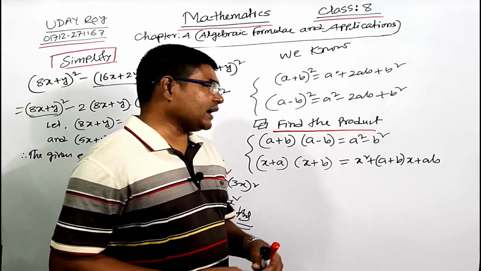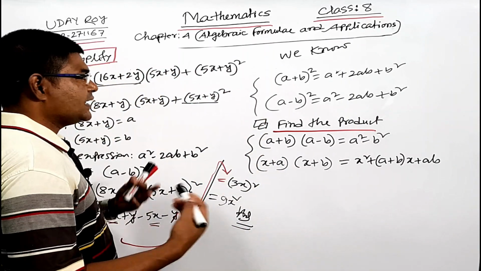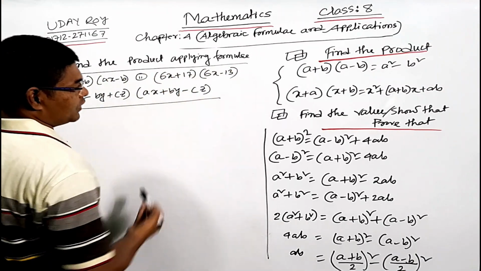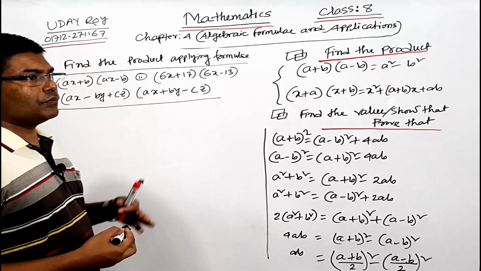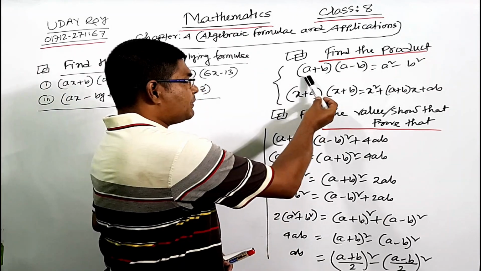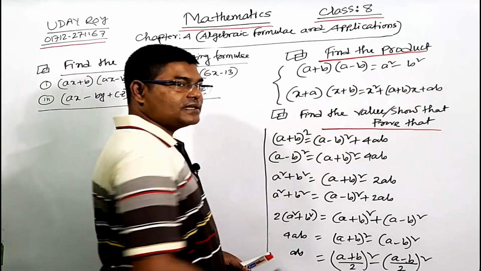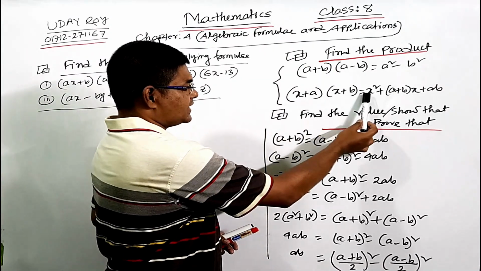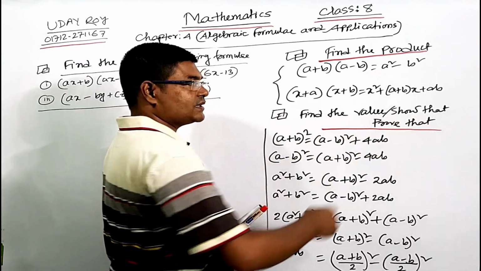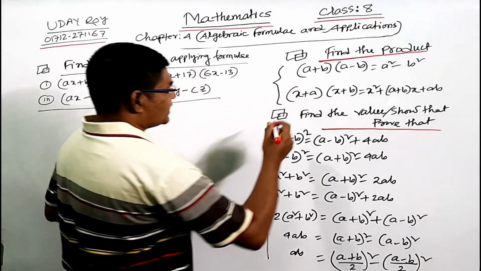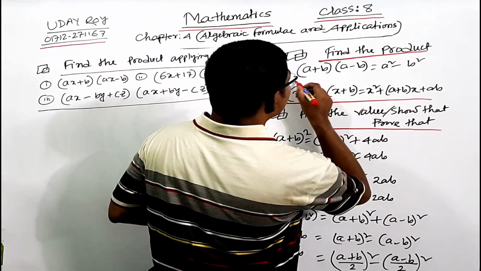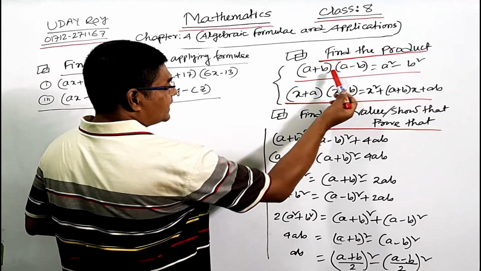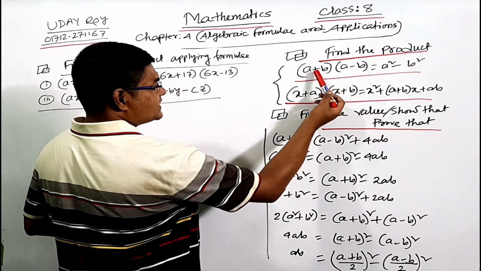So let's come back. We will find the product applying the formula. So we know the rules for product: (a + b)(a − b) = a² − b², and another (x + a)(x + b) = x² + (a + b)x + ab. Be careful here. Here is a, here is a, here is b, here is b, but the sign is different.